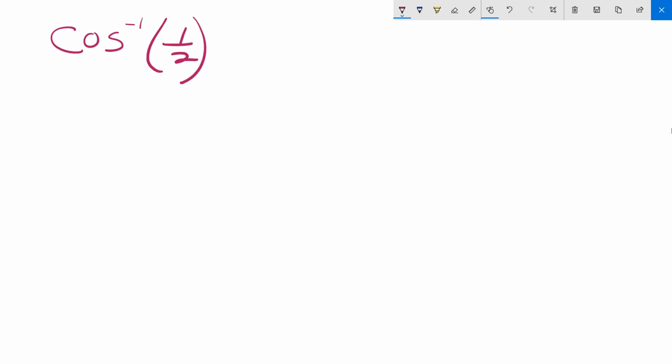Okay. Let's talk about something here. If we take the trig function of an angle, we always get a ratio. Over on the right, can you see all of that?